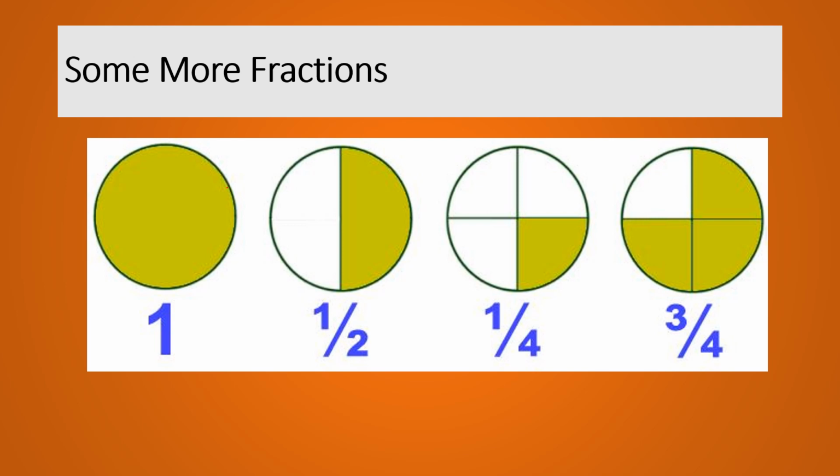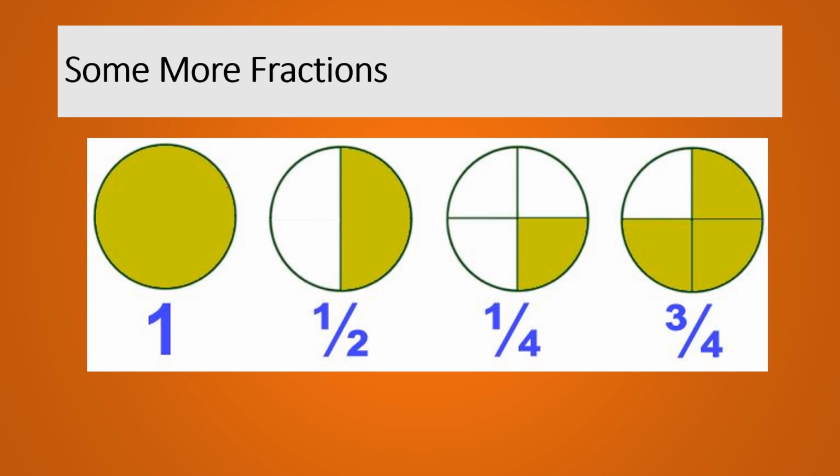Now the third picture, here you can see the shaded part is 1. This shaded part 1 will be written in the numerator, and the total parts is 4, so that will be written in the denominator, and you can see here this shows a fraction. Now the last picture, total parts are 4 again, so we have written 4 in the denominator.